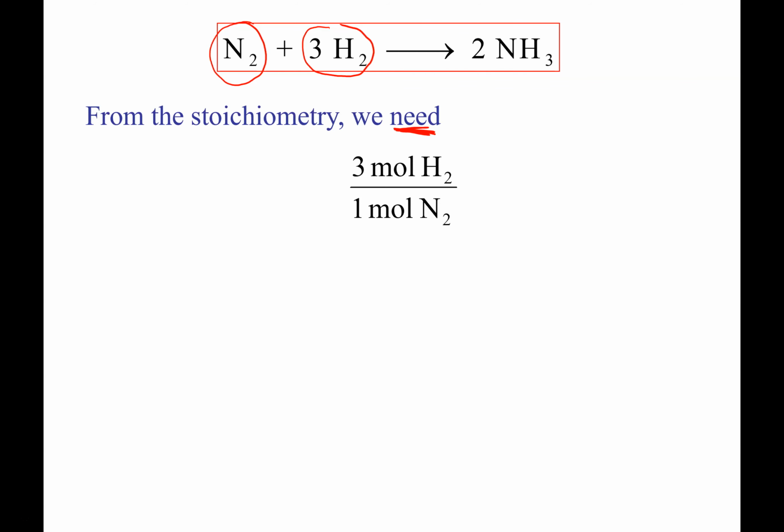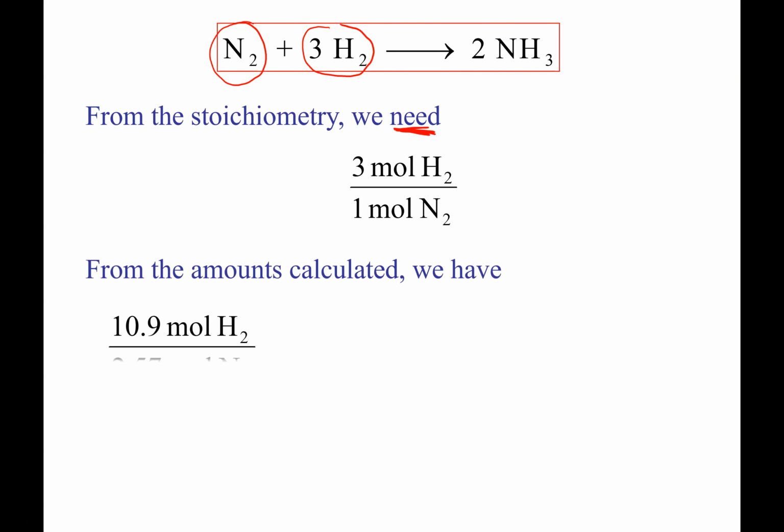So here we go. My have ratio, I'm going to use those moles that we came up with on the previous slide. So what we have after getting from grams to moles is, with regard to the hydrogen, 10.9 moles of hydrogen, and with regard to nitrogen, 2.57 moles of nitrogen.